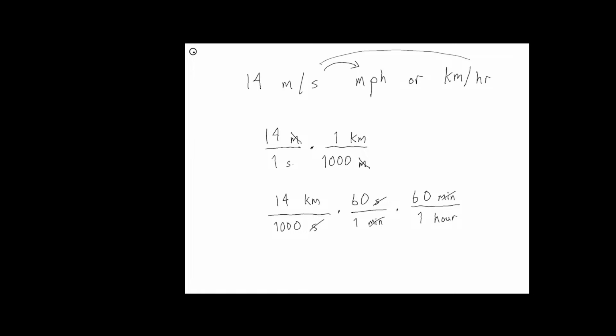Now we have it in kilometers per hour if we can just compute, what is it, 14 times 60 times 60 over 1,000 hours. Okay. We can compute that on the calculator, but we're going to find that that is pretty dang fast. Where is my calculator? Give me just a second.